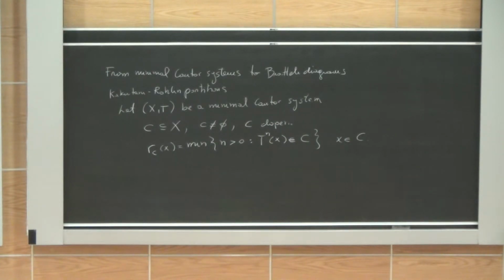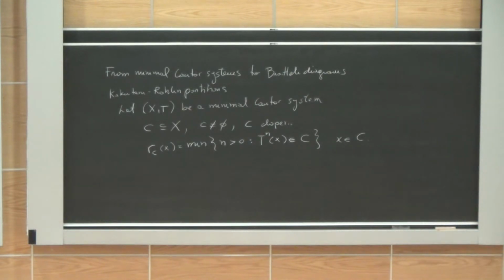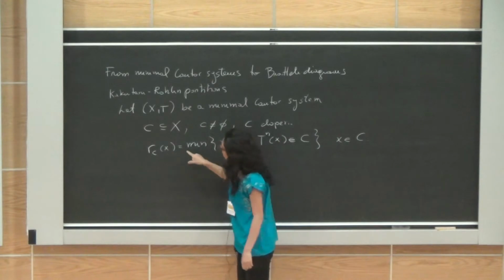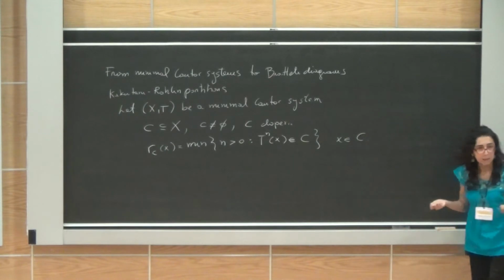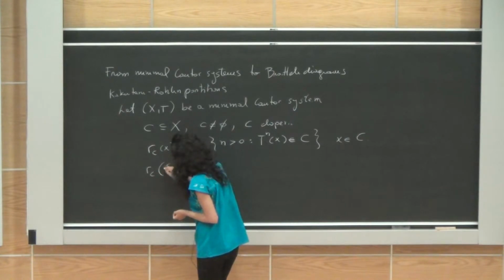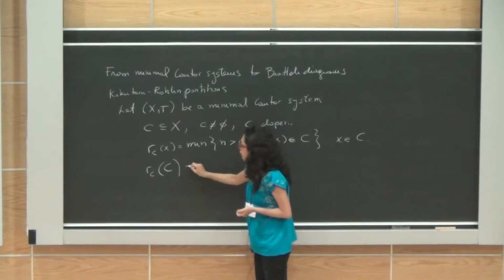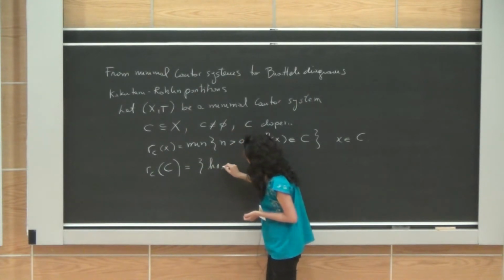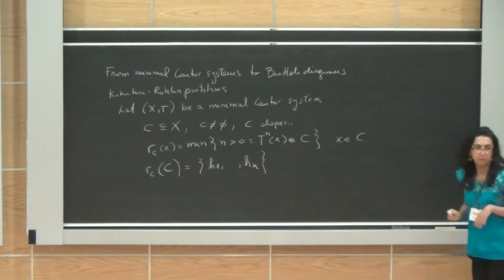So if you take a neighborhood of a point x in C, every point in this neighborhood will come back at the same time. So this will give you that the possibilities of return times are finite. Or in other words, the image by the function RC of C is finite. These are the possible return times.